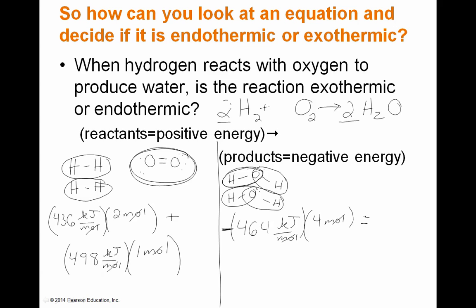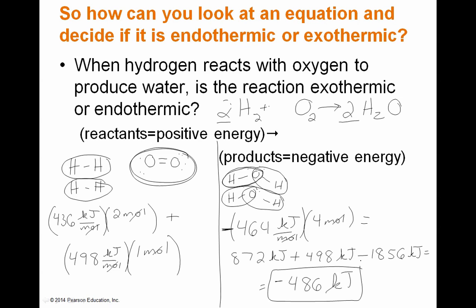So what that equals is 436 times 2 gives us 872 kilojoules, plus 498 kilojoules, minus 464 times 4, 1856 kilojoules. Let's type that into our calculator: 872 plus 498 minus 1856 gives us 486 kilojoules of energy, and it's negative.